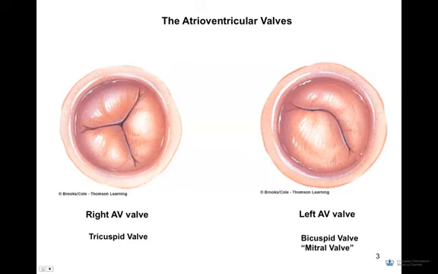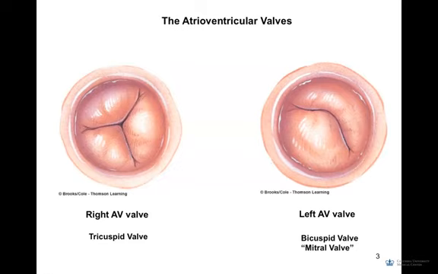The heart contains valves that lie between the atria and ventricles, and also between ventricles and arteries. Okay? So you will find valves in the heart between atria and ventricles and between ventricles and arteries. You will not, however, find valves between veins and atria.